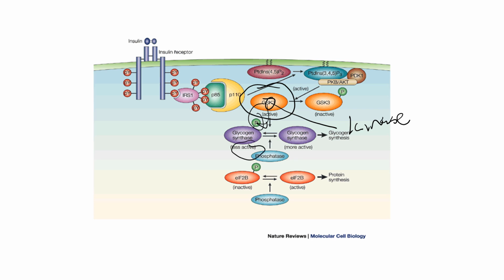That says less active, which is true, but really, GSK3, its job is to keep glycogen synthase phosphorylated. Again, it's a kinase that phosphorylates things. Specifically, it phosphorylates glycogen synthase and keeps it in an inactive state. Okay.